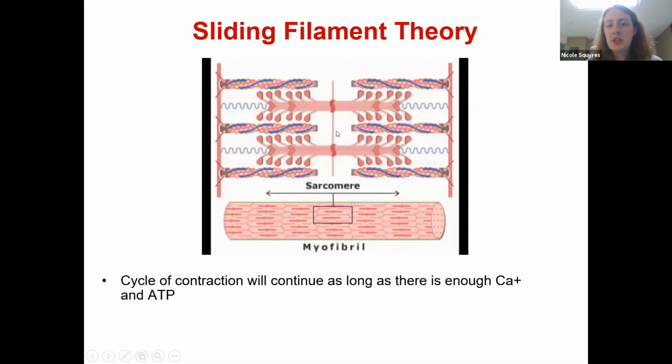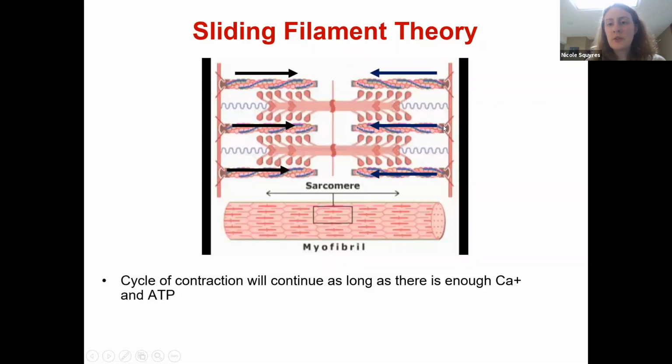And so as long as there's, again, enough calcium and enough ATP, you're just going to have this continuous formation of cross bridges and then breaking of cross bridges from all of these myosin heads. And at any one point, at least some of the myosin heads are going to be attached to actin. So you're always going to have some cross bridges formed at any moment, as long as the muscle is contracting.